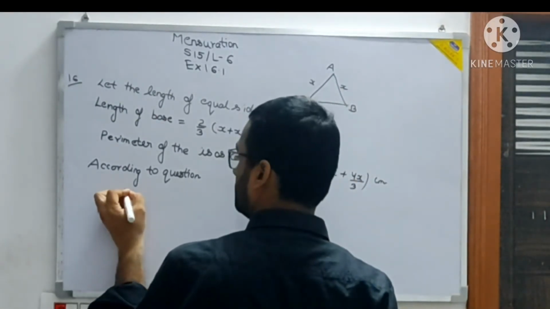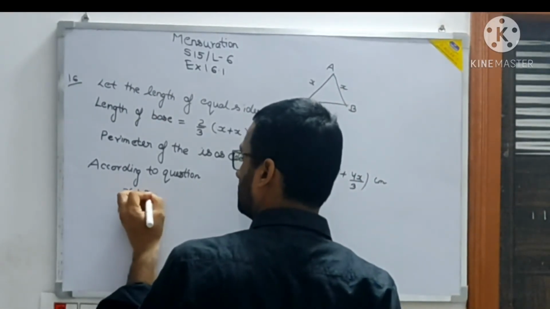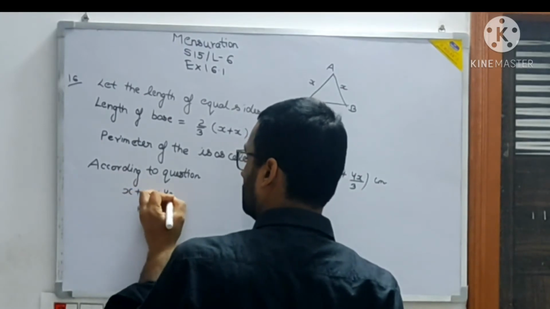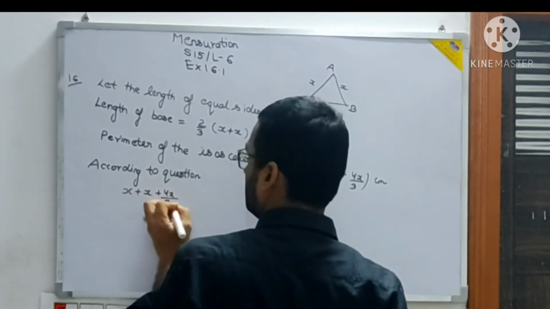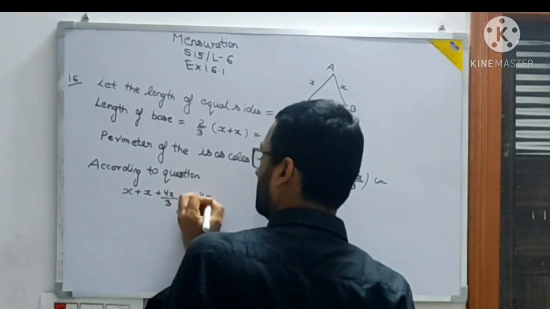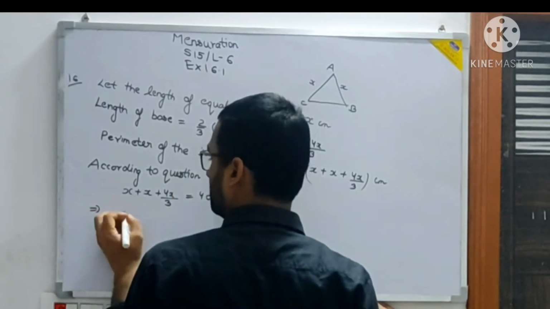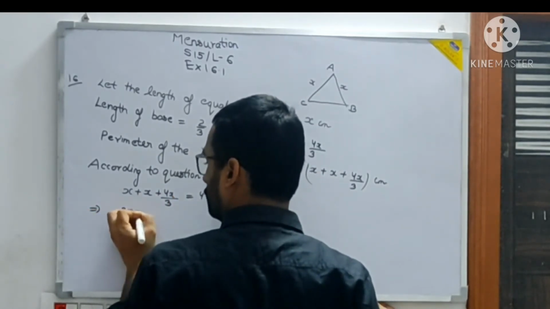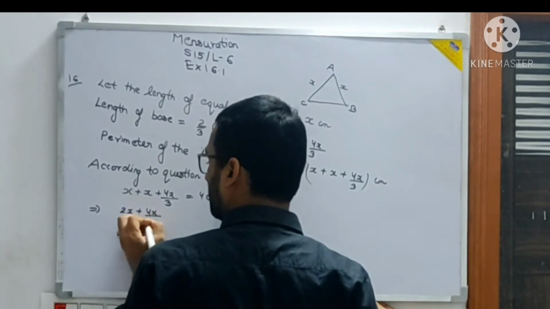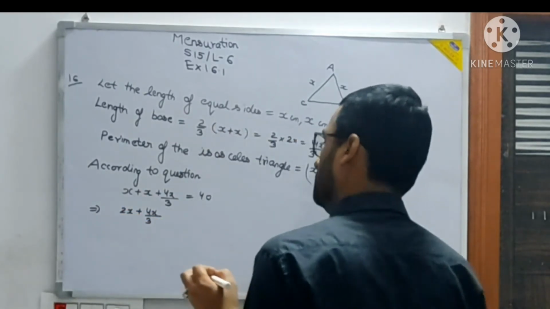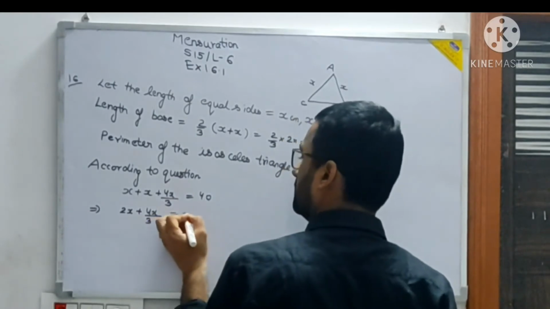According to the question, x plus x plus 4x by 3 is equal to 40. This implies that 2x plus 4x by 3 is equal to 40.